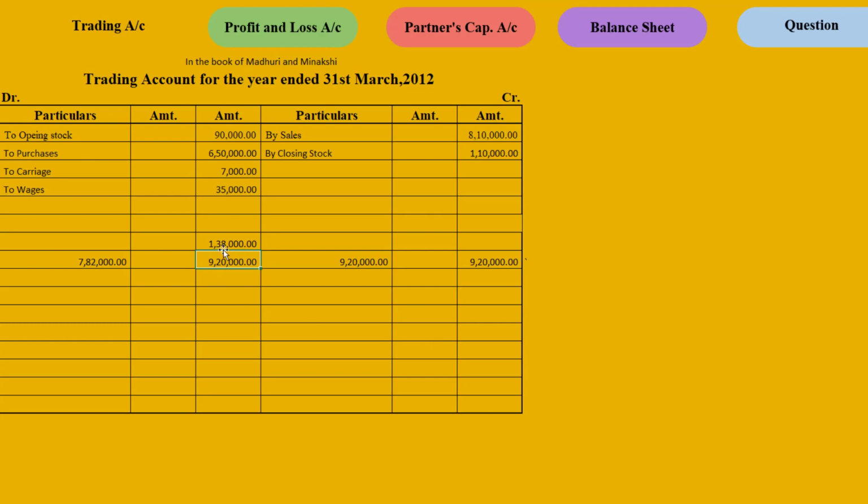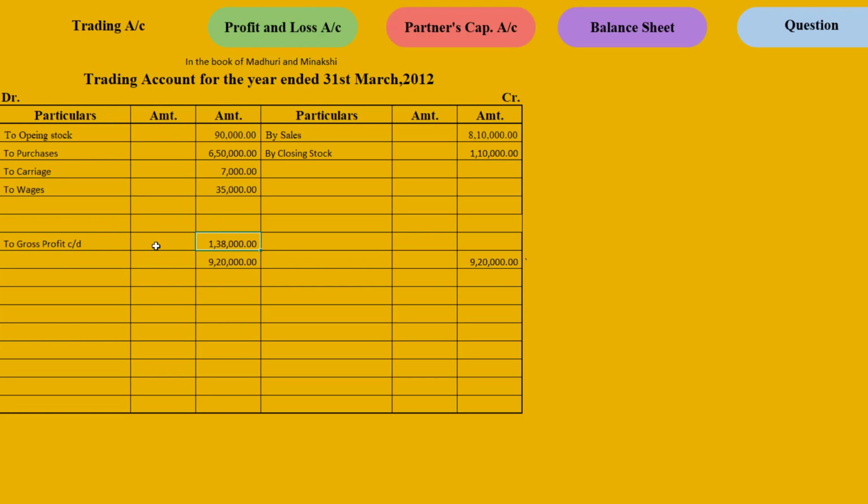Yes, so we get the difference of 1,38,000. Now you remove this. This is the balance we have got. Here you write to gross profit carried down.